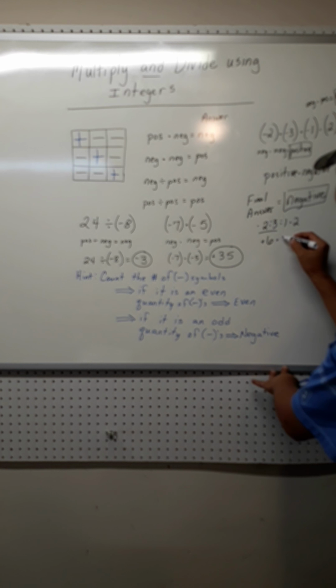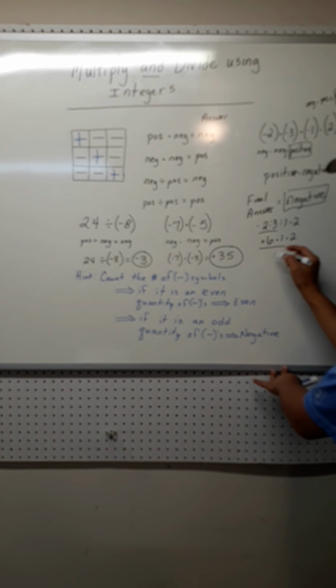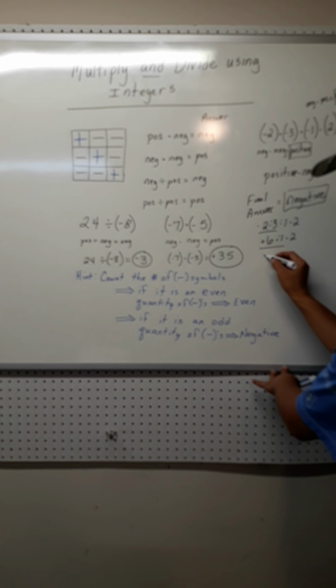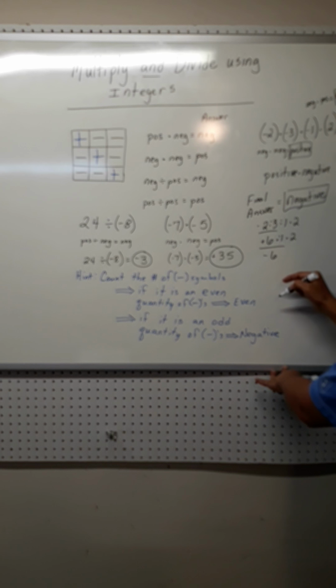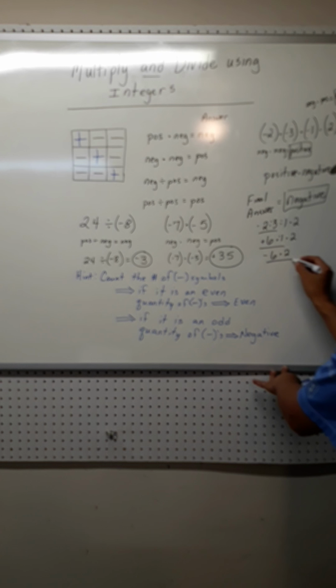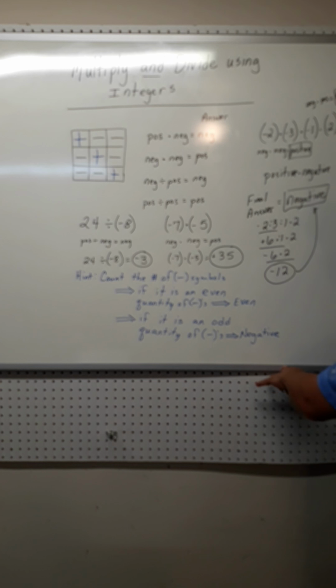And then I copy, and then a positive times a negative gives me a negative 6, 6 times 1, negative 6, times the 2, which is positive, that's 12. Negative times a positive gives me negative 12, and it matches what we said your answer has to be, which was going to be a negative.